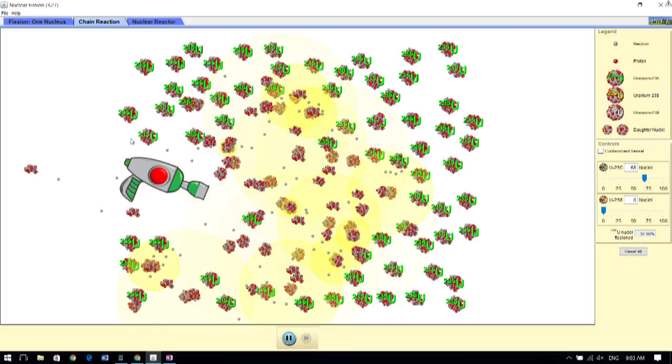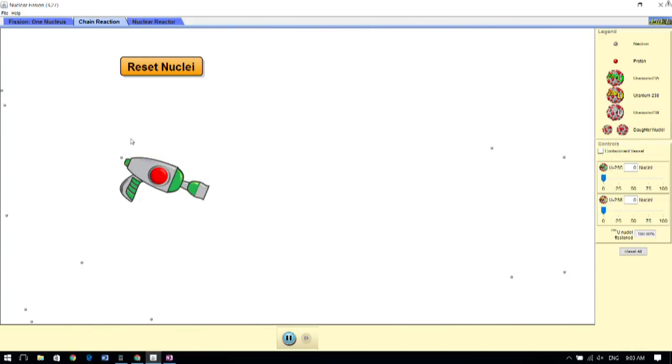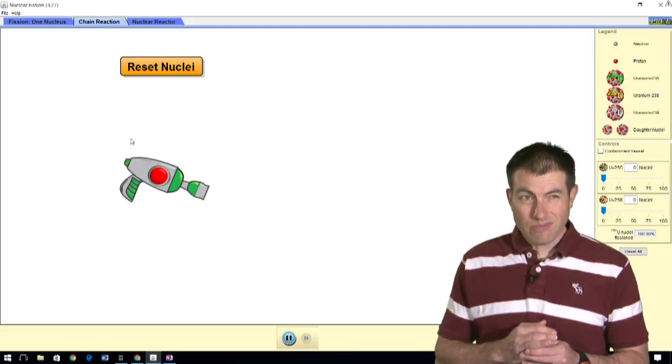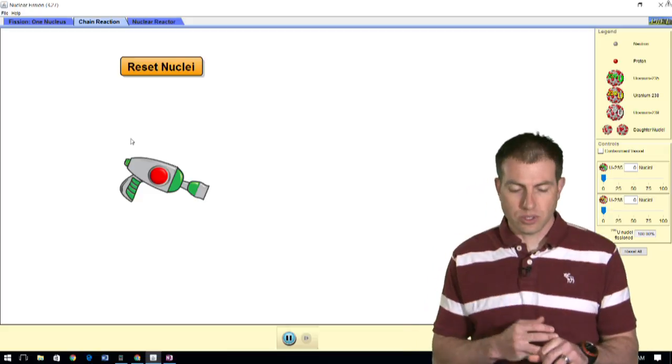The 3 neutrons that are produced go and hit other atoms, and they all break apart. That's exactly how a chain reaction works. So that is essentially what's happening in a nuclear reactor, in a nuclear weapon.